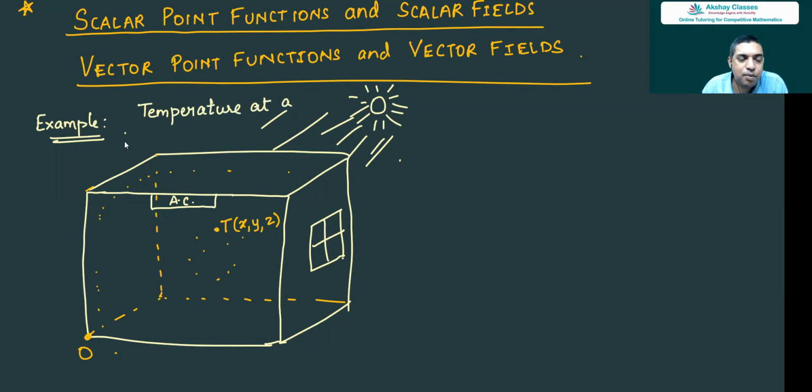The temperature will not be identical throughout the entire room. There will be variations, and if you don't have an AC, there will be a significant difference in the temperatures. So temperature is a scalar point function.